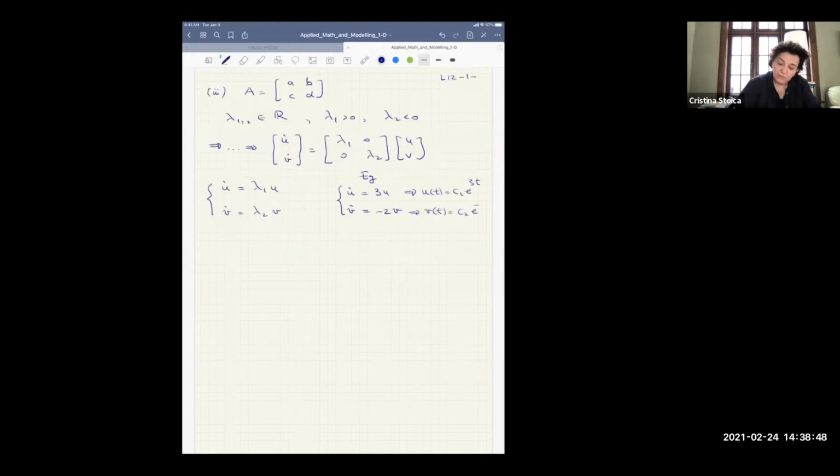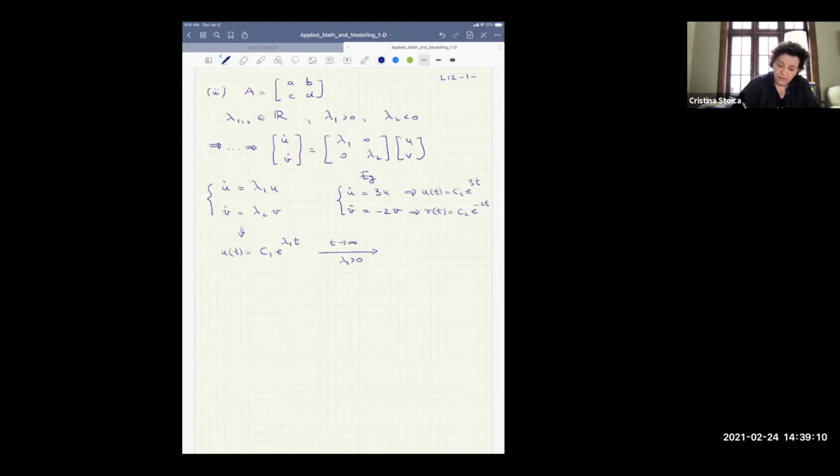When we solve these, this is C1 e^(3t), and this is C2 e^(-2t). The main question we want to answer is what is going on with U and V as t goes to infinity. In the general case, because lambda 1 is positive, as t goes to infinity, u will increase.